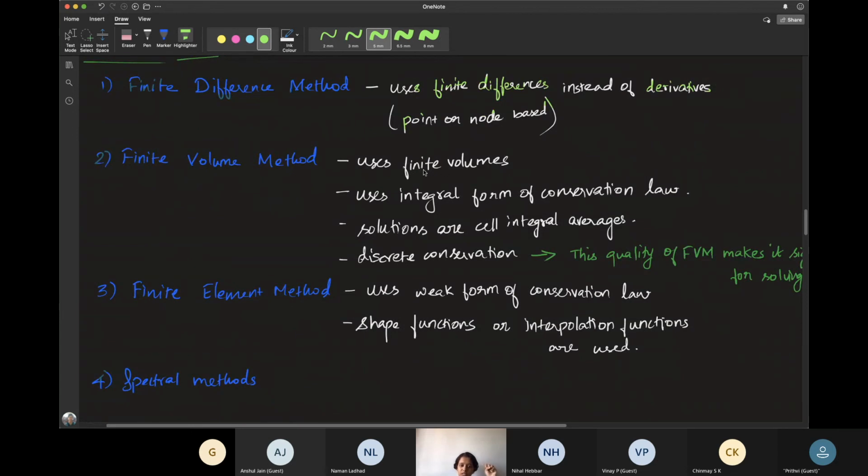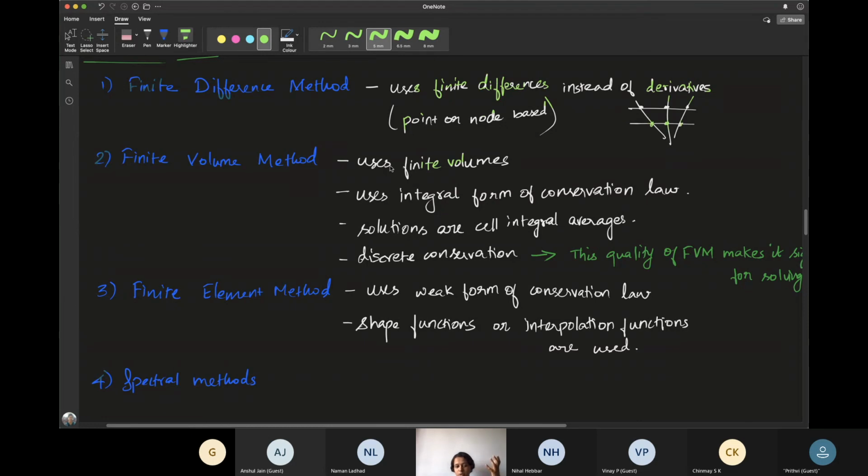This uses finite volumes. In finite difference, you'll still have some kind of discretization happening. Your domain is discretized like this, and your variables will be stored at some points here and there. The theory of converting the derivatives into finite differences is based on these points.